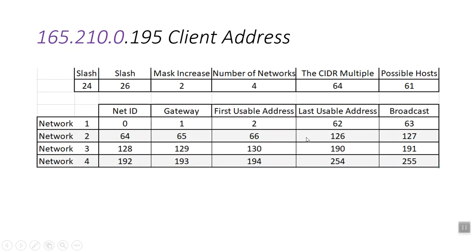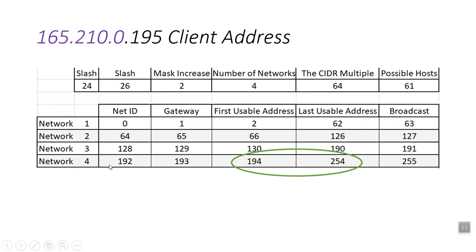With this address, the /26 template is a mask increase of 2. The CIDR multiple is 64. The number of possible hosts for each network that's formed, with a /26, is 61. We want to look at 195 to see which network, 1, 2, 3, or 4, it belongs to. 195 falls between 194 and 254, so it's network 4 that we're interested in.